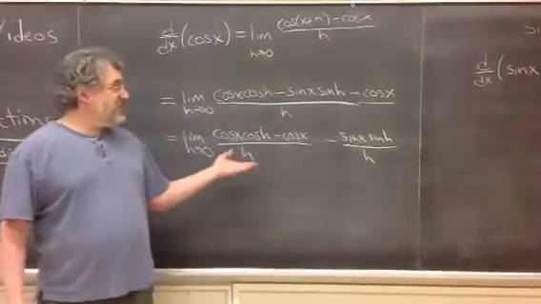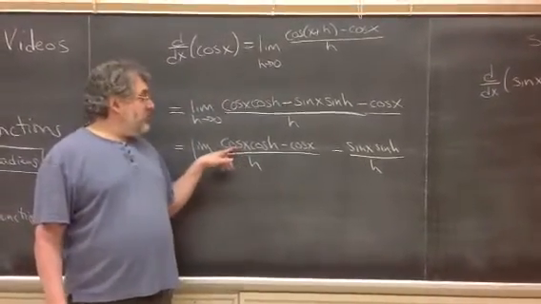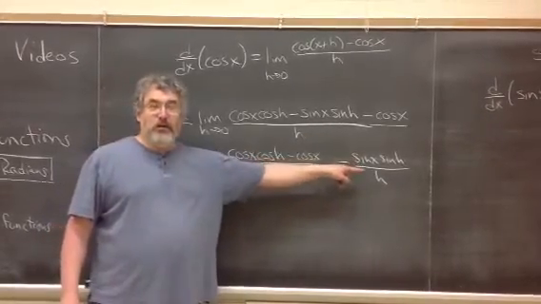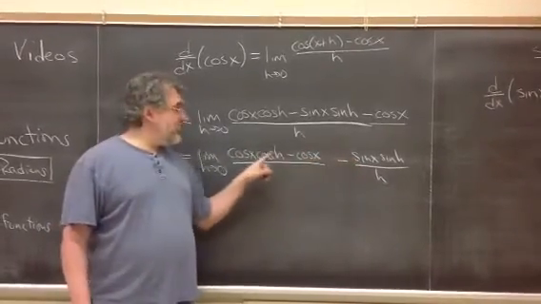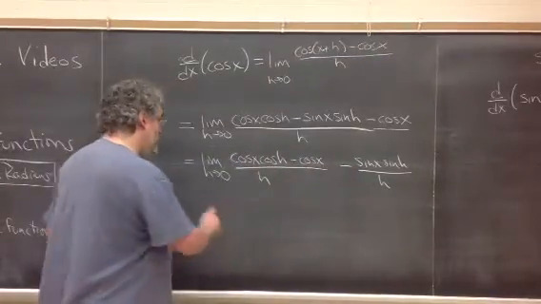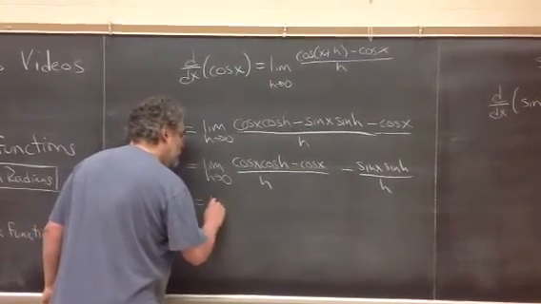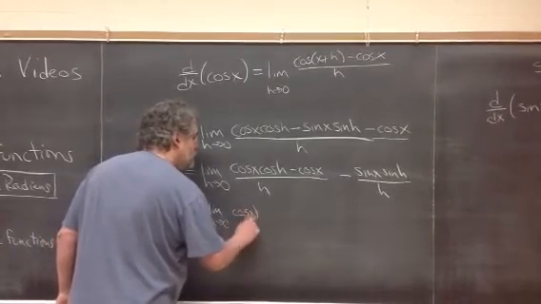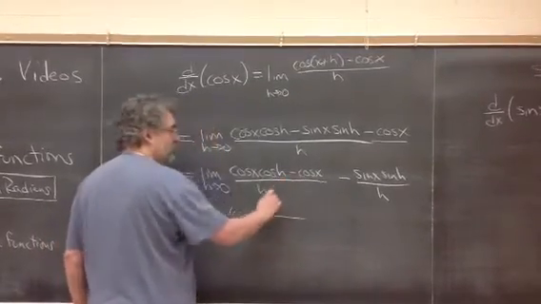Now, that doesn't necessarily look a lot better, but if I factor a cosine of x out of here, turn these into two separate limits, then what do we have? I have the limit of cosine of x times the rest of this. Factor the cosine of x out.